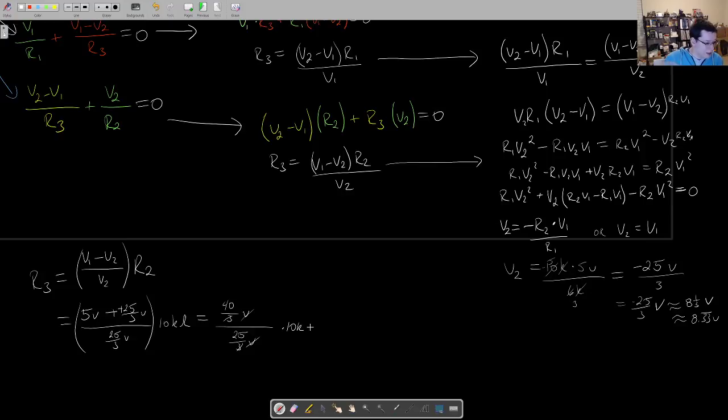I'm times 10 kilo ohms, and I'm left with 40 over 25 times 10 kilo ohms. That goes to 8. That goes to 5. 5 cancels with that one, and I get 2 and 1, and I'm left with 16 kilo ohms.